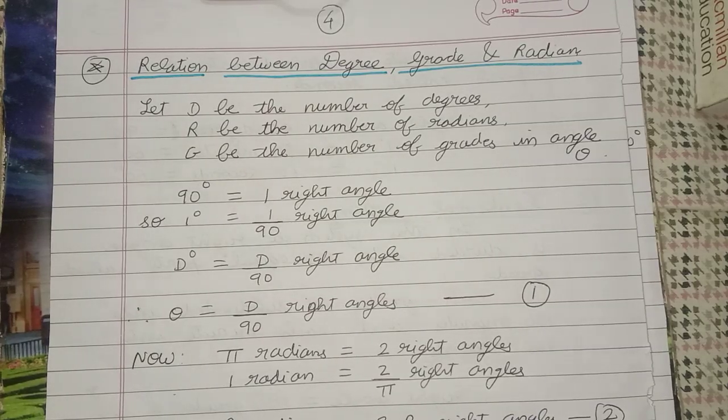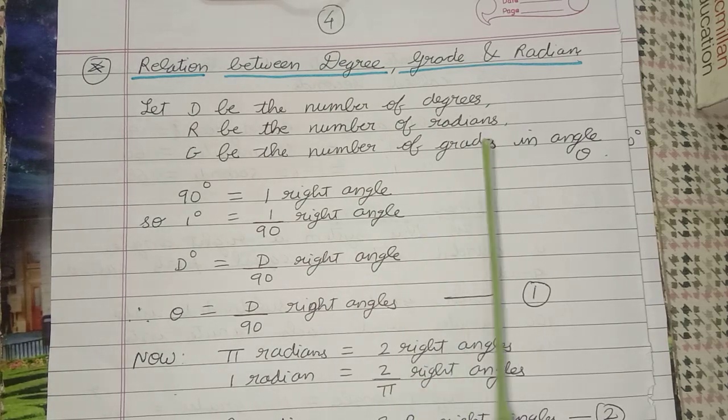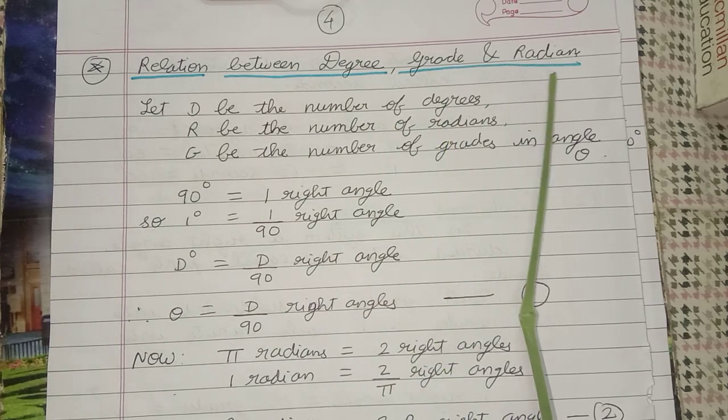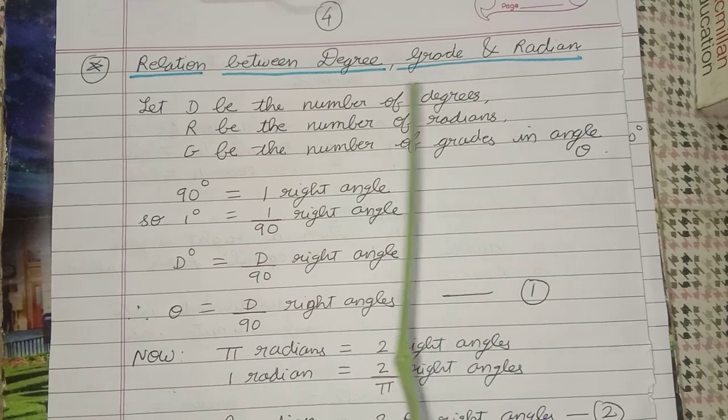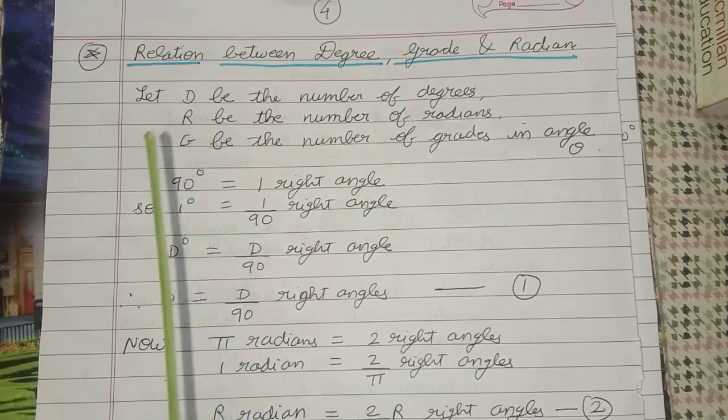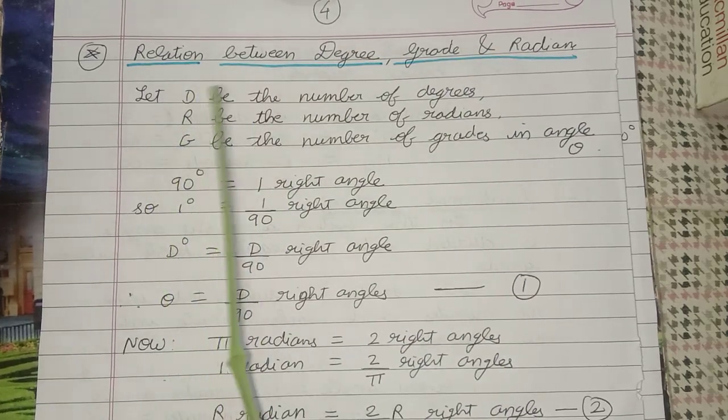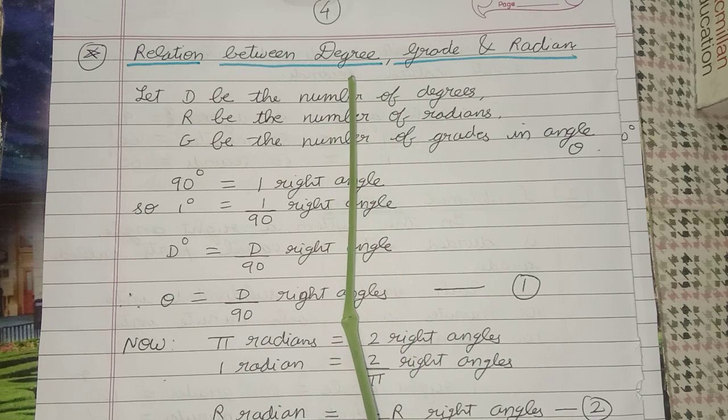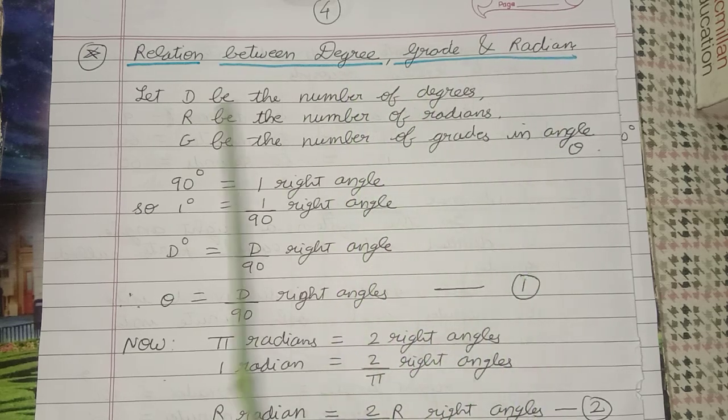Friends, we studied 3 systems of measuring angle. In the first system, we measured the angle in degrees. In the second, we use grades. In the third, we use radians. Now we are targeting to find a relation between these 3 measures: degree, grade and radian.